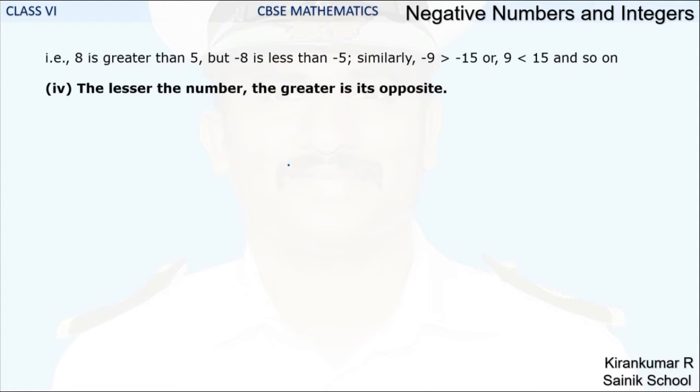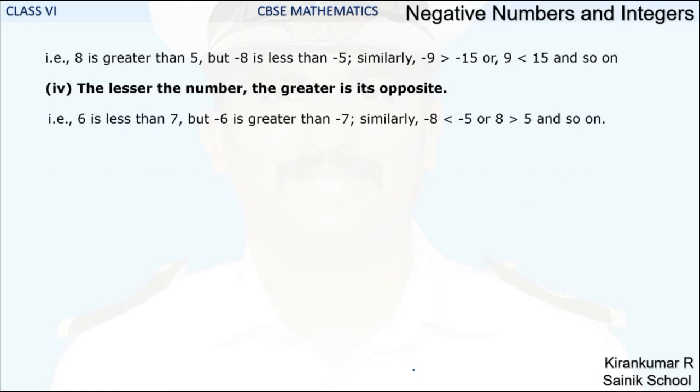The lesser the number, greater is its opposite. That is, 6 is less than 7, but minus 6 is greater than minus 7. Similarly, minus 8 is less than minus 5, and 8 is greater than 5, and so on.